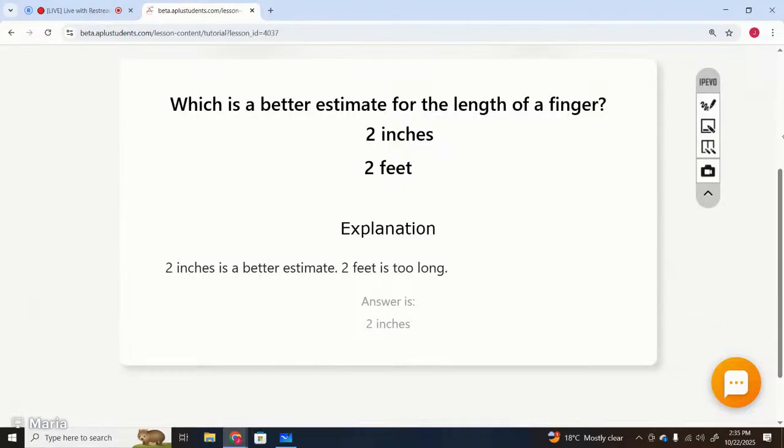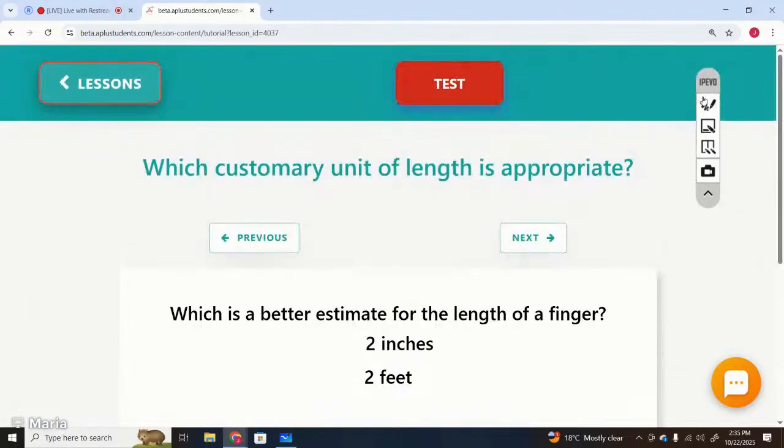The length of the finger would be 2 inches. 2 feet is too long for the length of the finger. So the correct option is 2 inches.